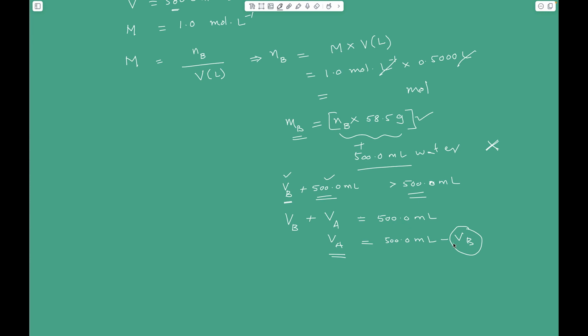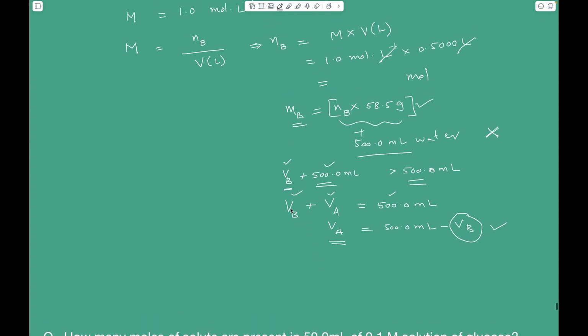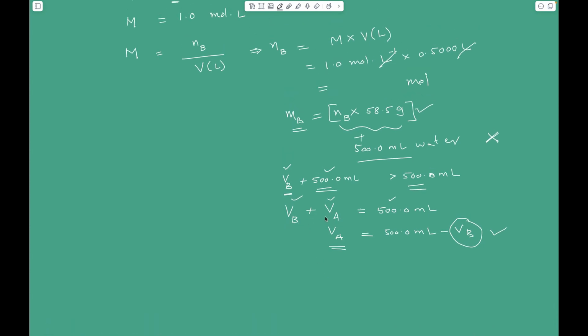Now my question is, is this statement true at least? This statement would be true if our intuition is correct. That is, if the volumes of the components of a solution are additive.